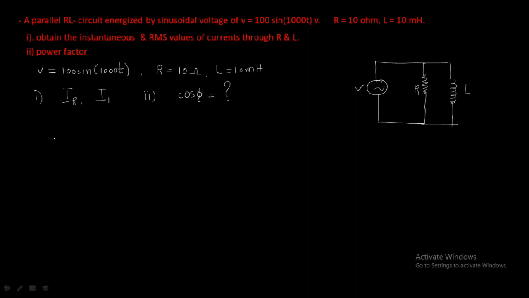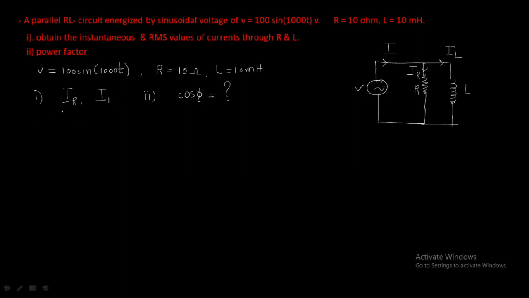This is the question. You know the procedure: we have two elements connected in parallel. The first element R has current IR flowing, the second element L has current IL flowing, and the supply current is assumed as I. I will be divided into IR and IL, and the total comes back into the source. So first you have to find IR and IL.